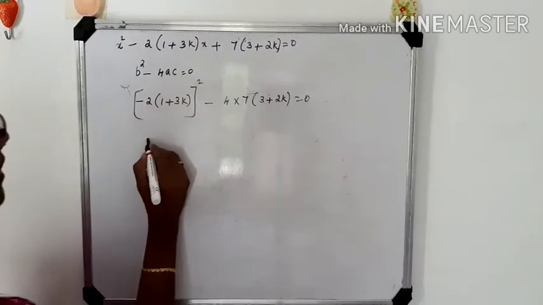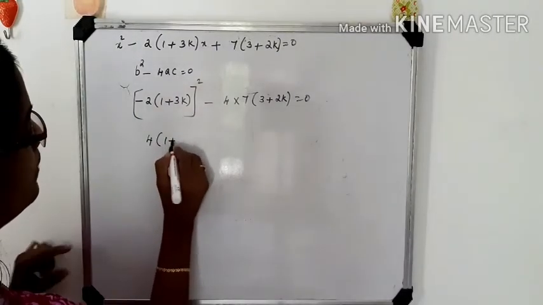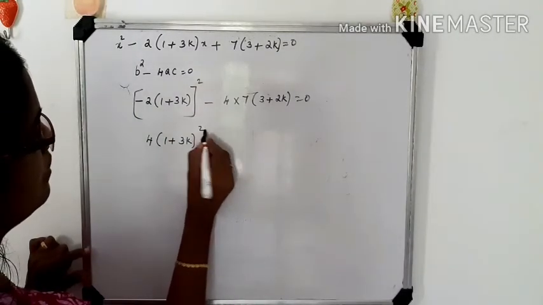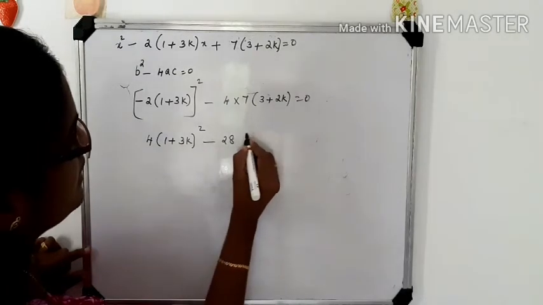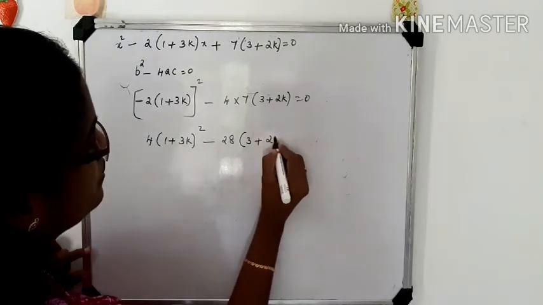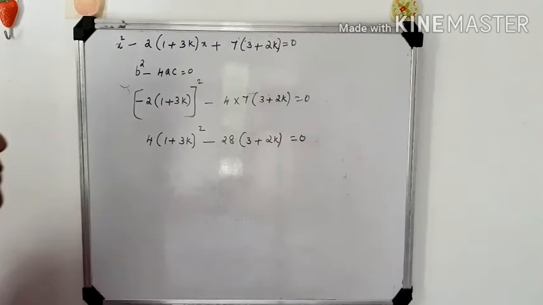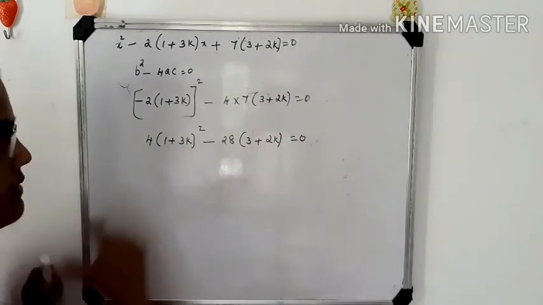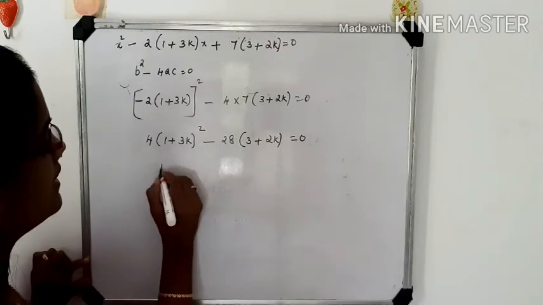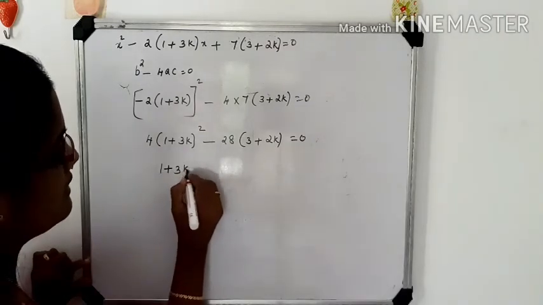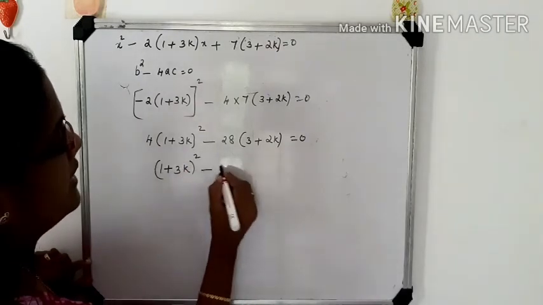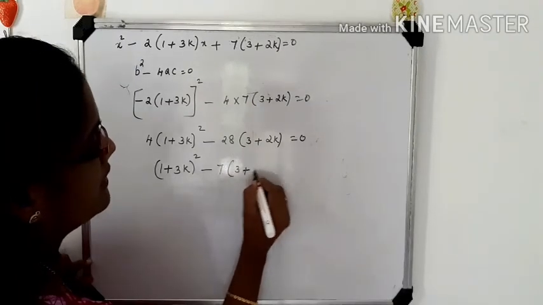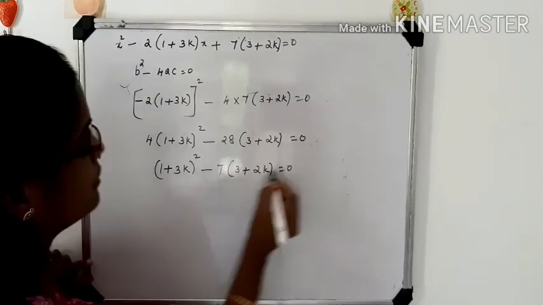Now squaring, 4 into 1 plus 3k whole square minus 28 into 3 plus 2k equals 0. Now see, 4 can be taken common. 4 7s are 28. So 4 is taken common and going to the right side it cancels with 0. Minus 7 into 3 plus 2k equals 0.